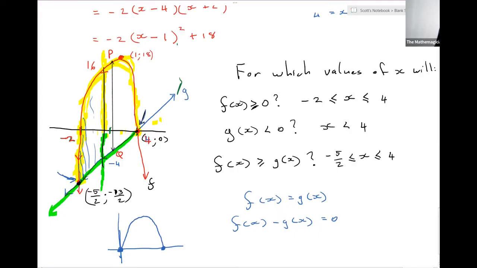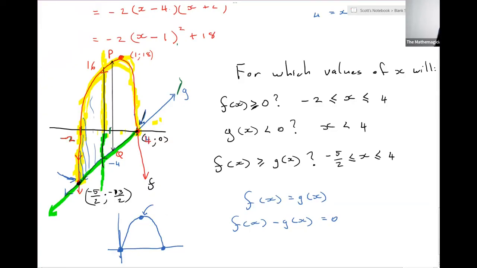And now you can see the distance between graphs can actually be measured by a quadratic function. Why? Because it goes a little bit bigger, hits a maximum turning point, and then shrinks down again. So how do you find the maximum distance of a function? You minus them and then find the turning point.